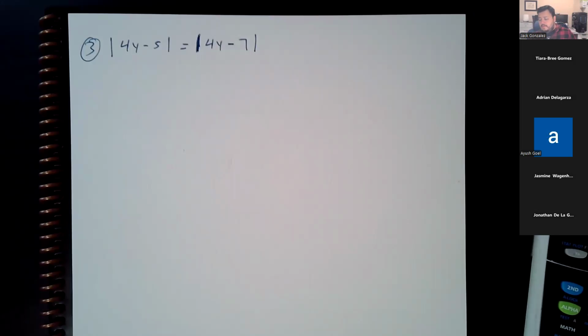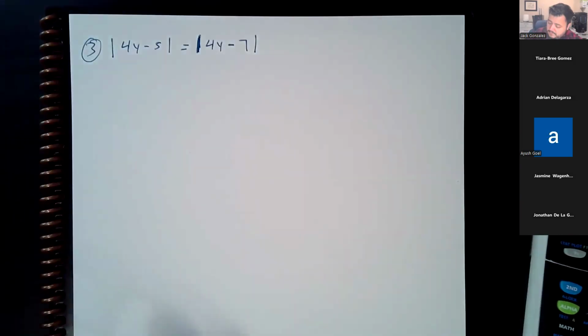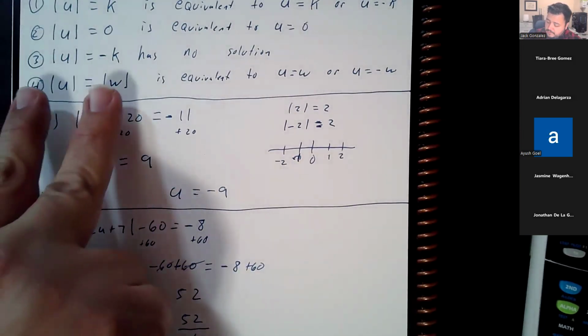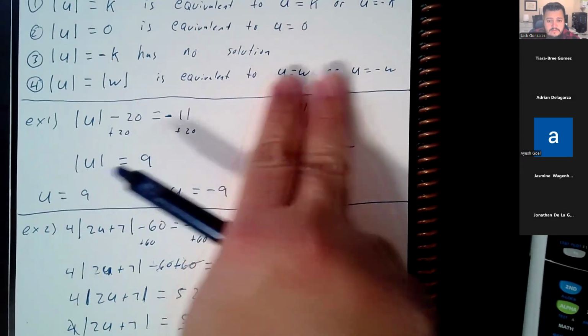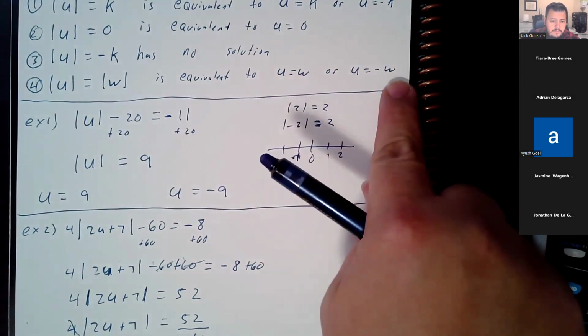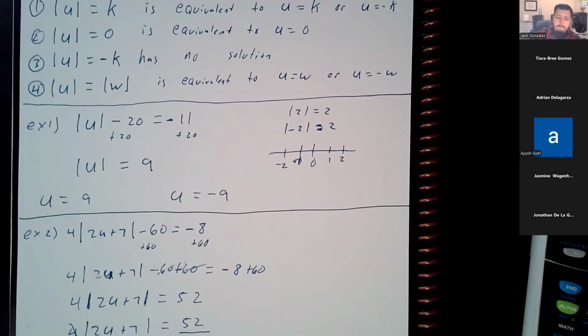Yeah. So basically, you just set the insides equal to each other, positive and negative. So put the minus on the right, and you'll be good.